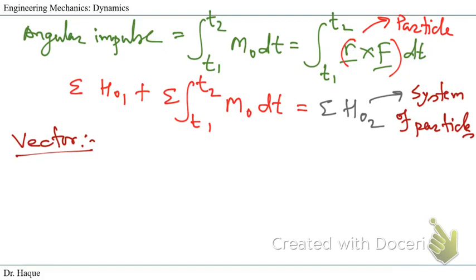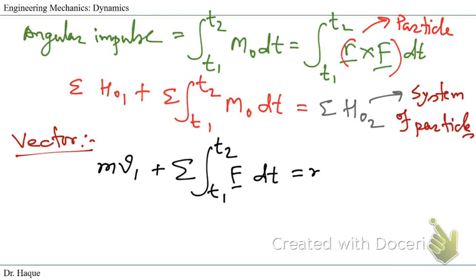In chapter 15, at the beginning, when we were defining impulse, just impulse, not angular impulse, we had the equation: mass times velocity 1 plus the summation of the integral from T1 to T2 of F dt equals m times the final momentum.